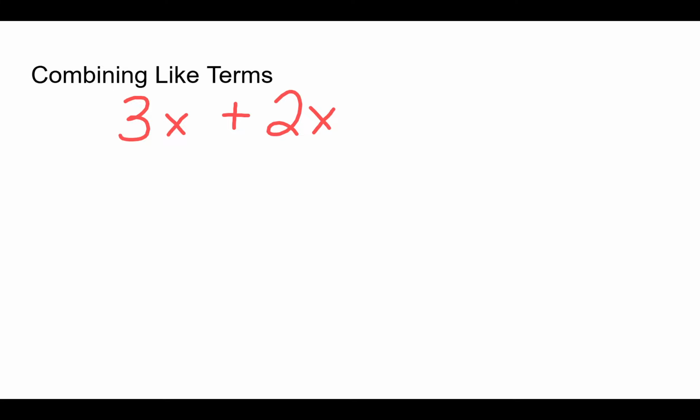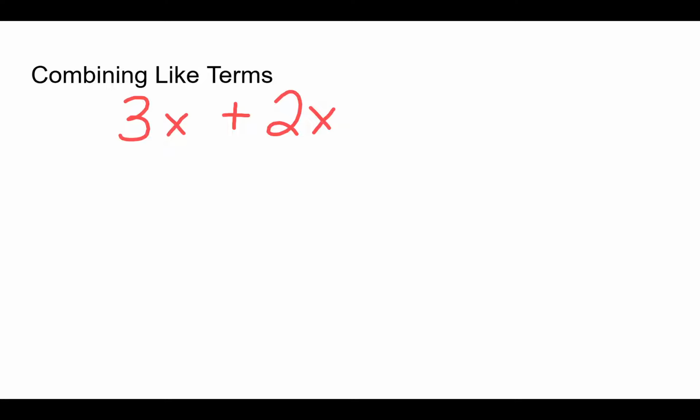If I'm combining this expression, I have like terms in front of me because 3x and 2x only have x as their variable. These are like terms, and because they are like terms, I can combine them.